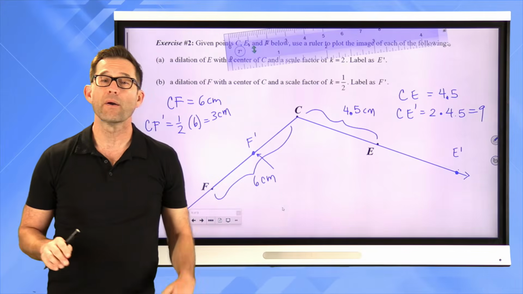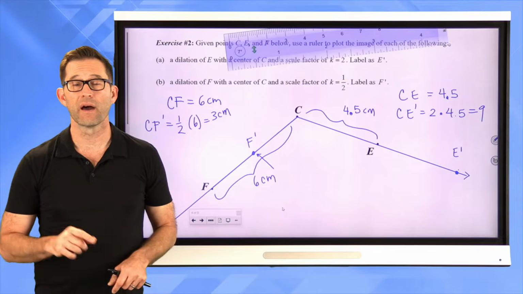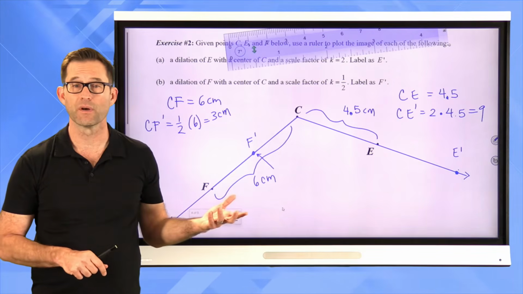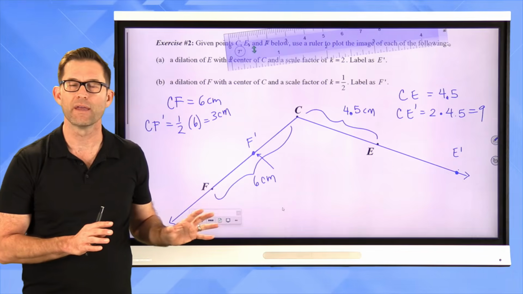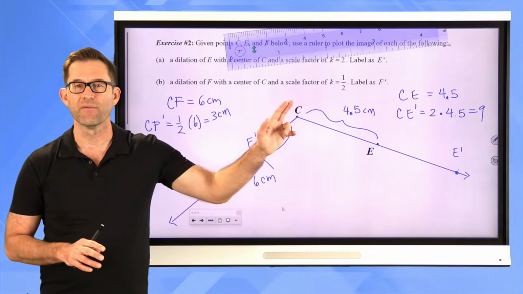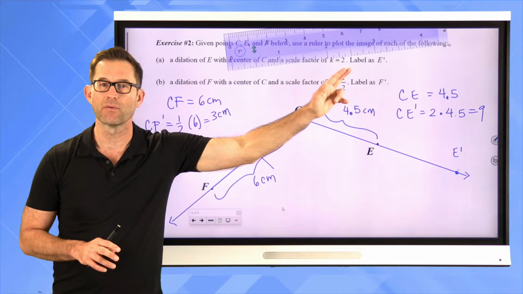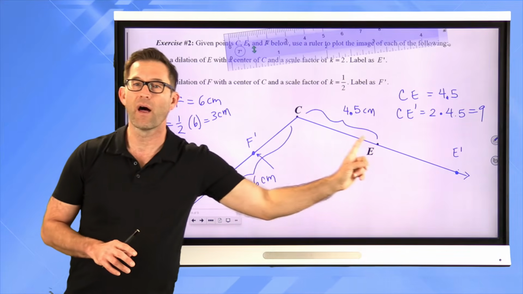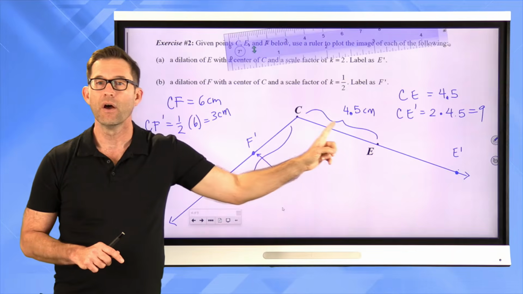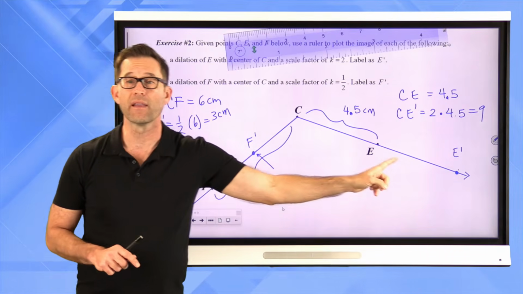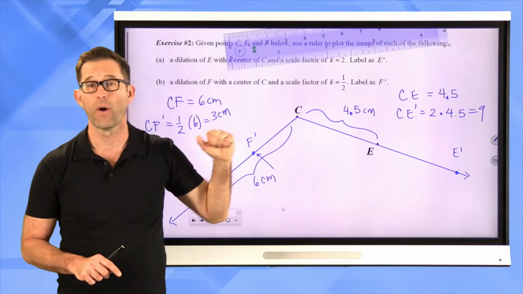Now, in general, we won't be doing dilations with rulers, but this really hammers home what's going on here. When we dilate points with a given center and a given scale factor, the image point will lie on a ray that starts at the center, goes through the point that I'm trying to dilate and continues on, because rays go on forever.